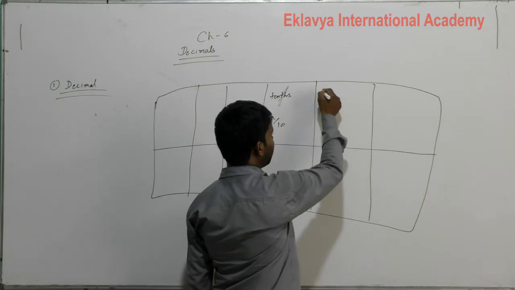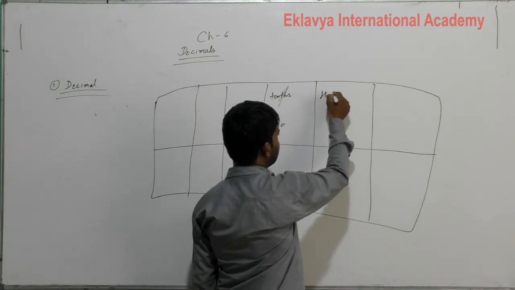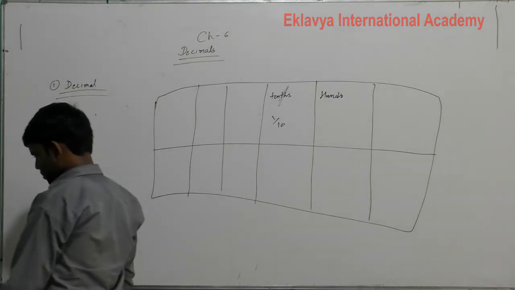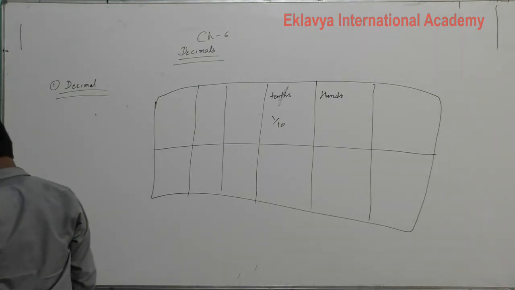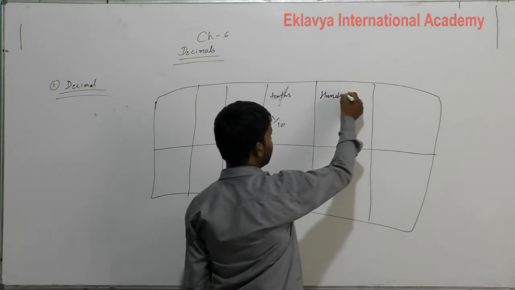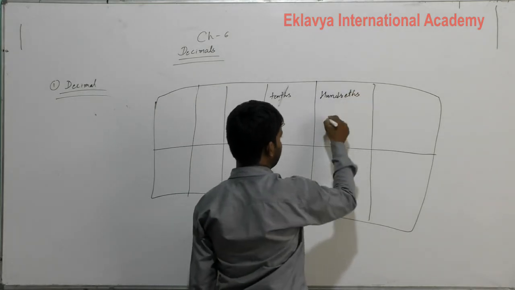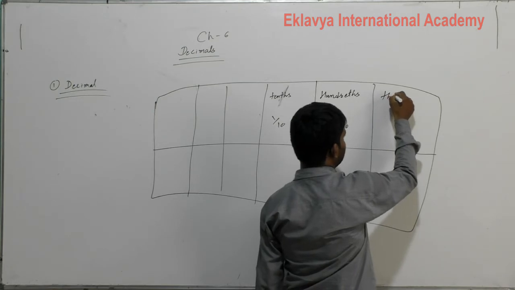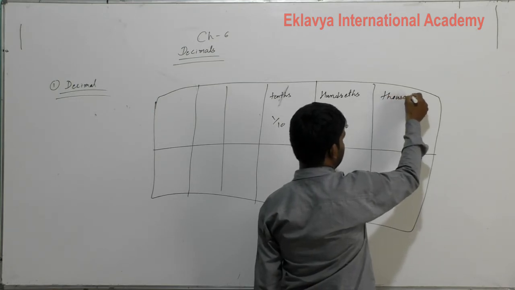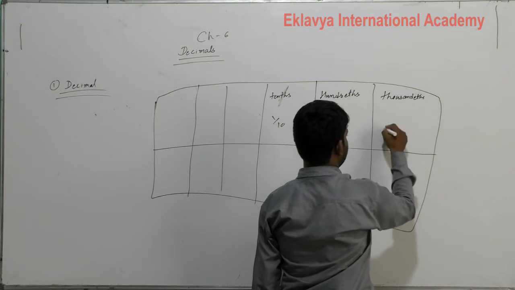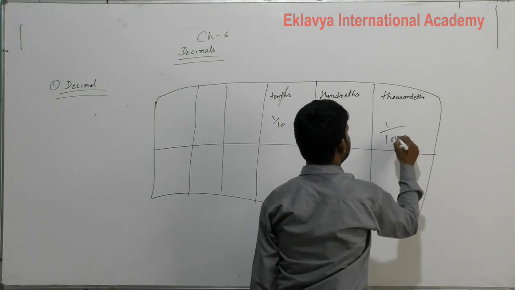Here we write hundredths, it means 1 upon 100. Here we write thousandths, one upon 1000.